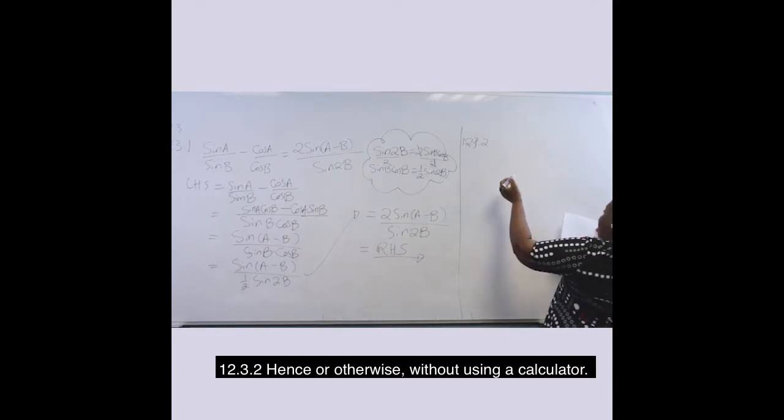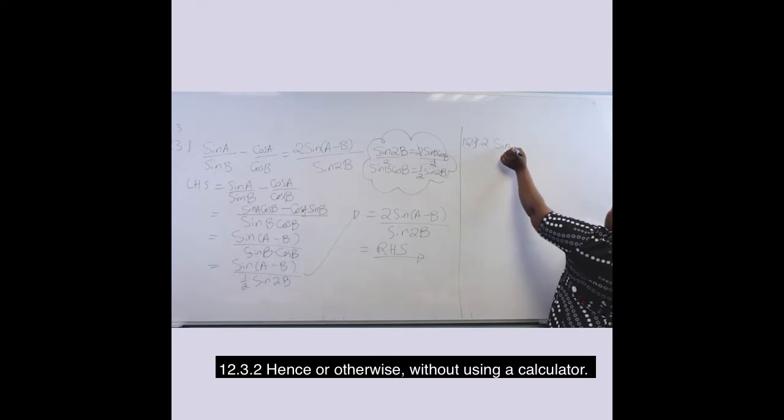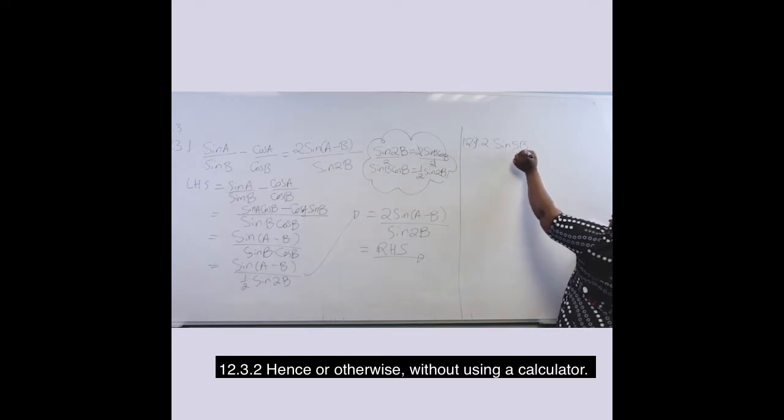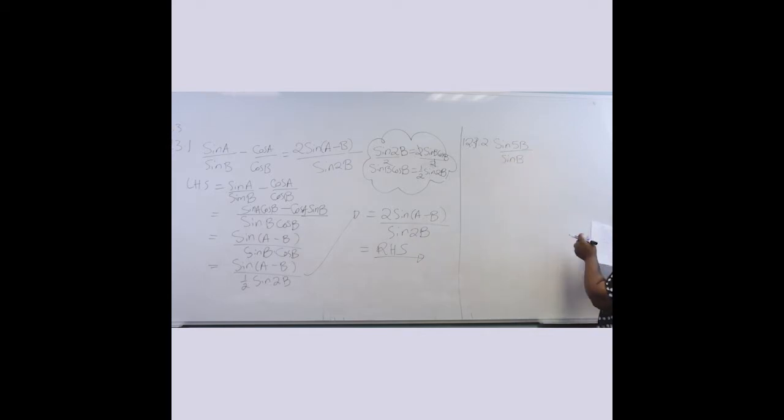So let's copy it down so that we can be able to talk about it. Sine 5B divided by sine B. One is saying, 5B, I have never seen that. But it's really simple. Just have to keep calm and focus. This is cos 5B divided by cos B.